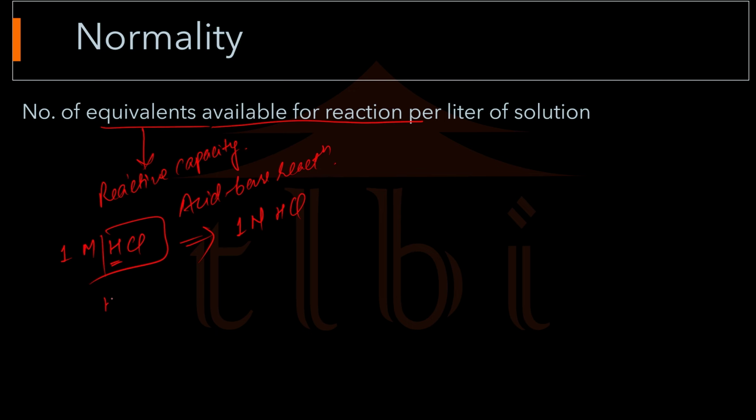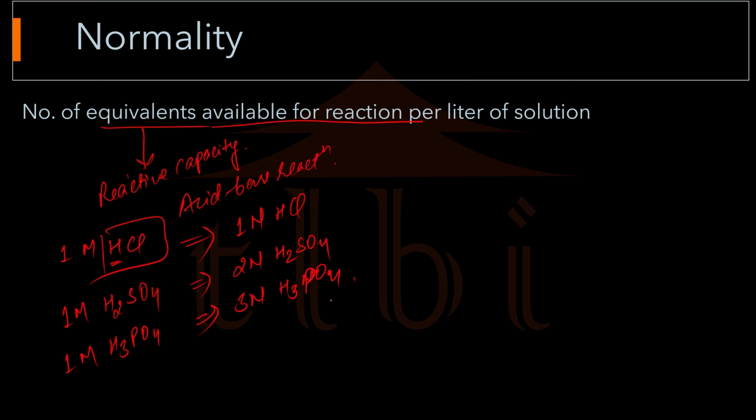But this will be different in case of, let's say, H2SO4. So 1 molar H2SO4 will be equivalent to 2 normal H2SO4. I think you get the point now. What about H3PO4, phosphoric acid? 1 molar H3PO4 is equivalent to 3 normal of H3PO4. Alright, so this is normality.